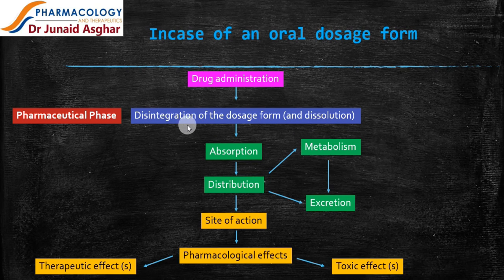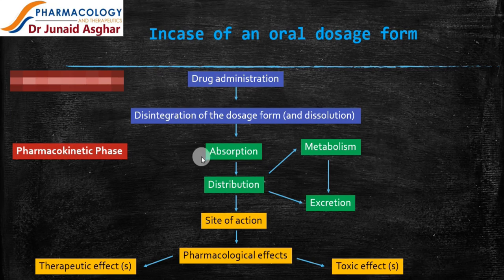And this is all done by a special pharmaceutical design for a drug to provide a predefined and predictable disintegration and dissolution pattern to the dosage form. So this is the pharmacokinetic phase, all these green ones. The pharmacodynamic phase is where the drug is in action and it is producing its own response.